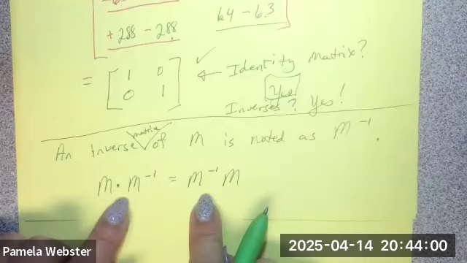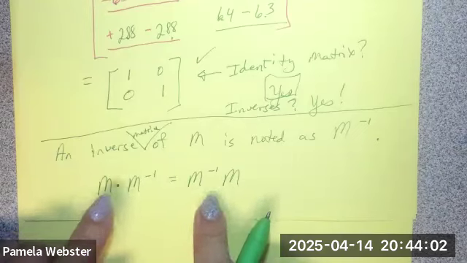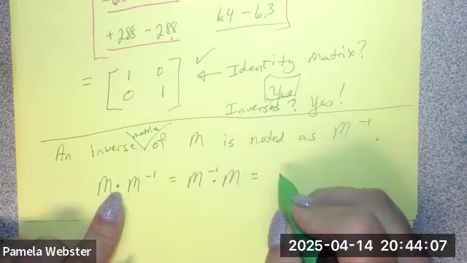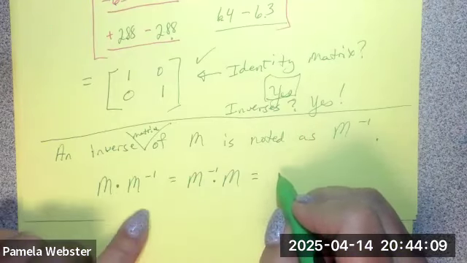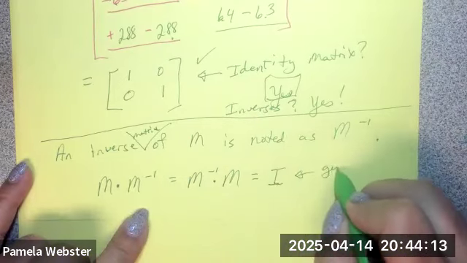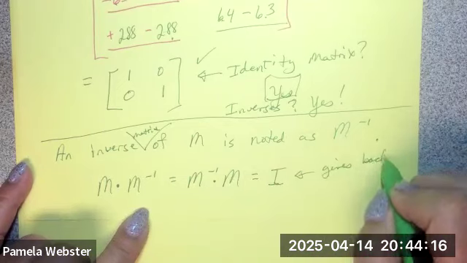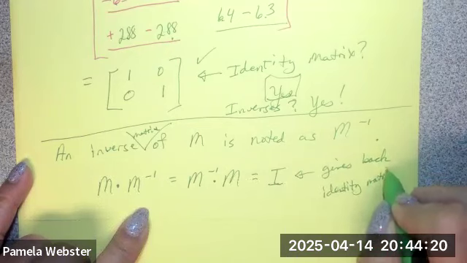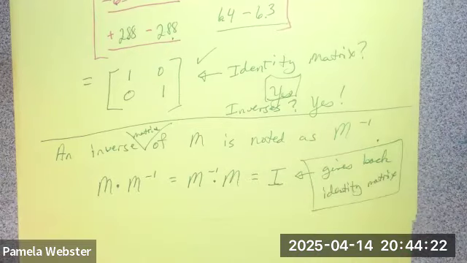Up here they were 2 by 2s, but because they're square, I can switch the order when I multiply, and whatever order I give them, I get back the identity matrix. So if I multiply M and its inverse, I will get back the identity.